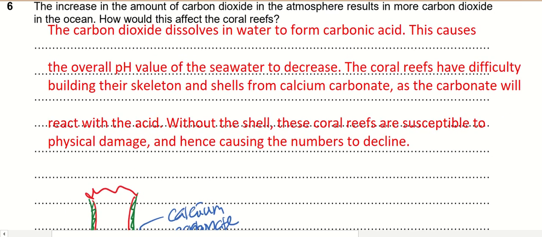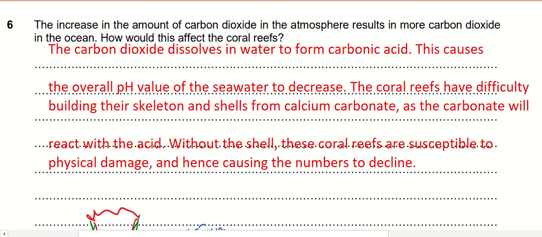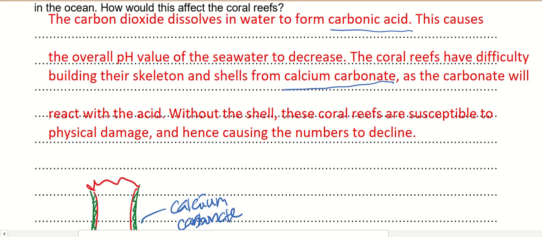So this part is not in your notes. I'm not too sure if it's in your textbook, but I think it's expected that you do a bit of internet search here and there. As I was saying, it forms carbonic acid when it's dissolved in water. It is an acid anyway, so it will react with the external shell, the skeleton, which is a form of calcium carbonate.